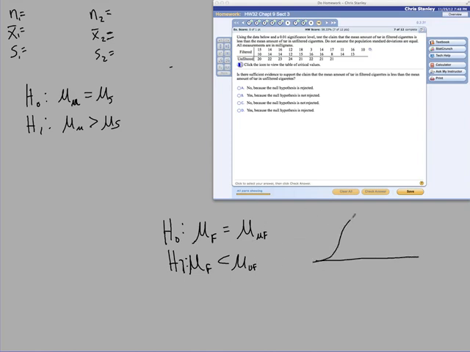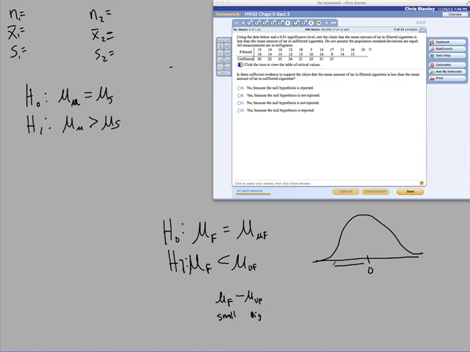We're assuming they're equal, so 0 is in the middle. If this is less than this, then if I took the difference, the difference would be a negative, because it'd be mu F minus mu UF, which if this is less than, then this would be small, this would be big, which yields a negative number.